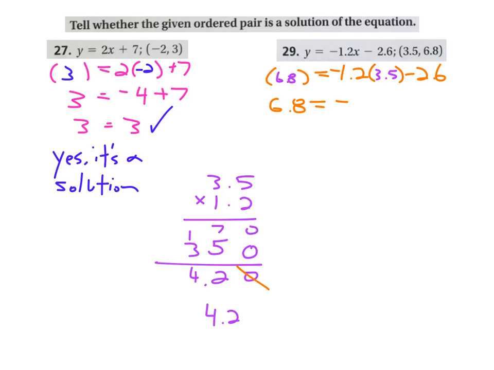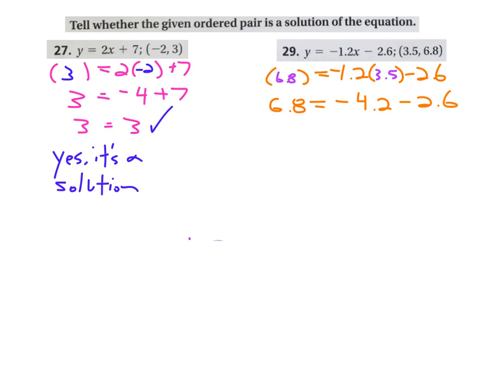Okay? So what does that calculate out to be? That calculates out to be 4.2, and don't forget there was the negative there, and we rewrite everything else the same, minus 2.6. Okay? And I'm going to erase these calculations down here just to get them out of the way. You can rewind the video if you want to see how I did that.